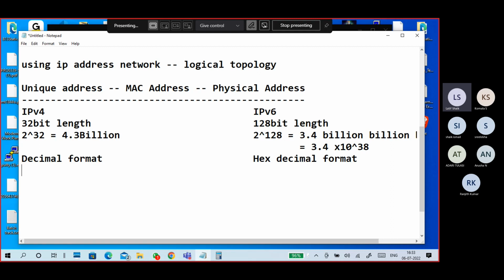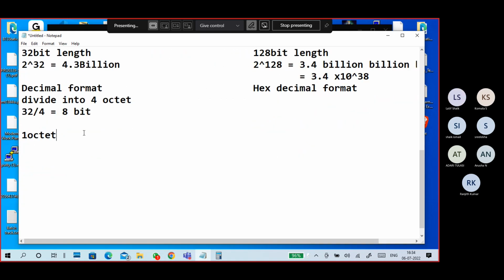It is divided into 4 octets, 32 divided by 4. How many bits in 1 octet? 8 bits in 1 octet. This is the first octet, second octet.